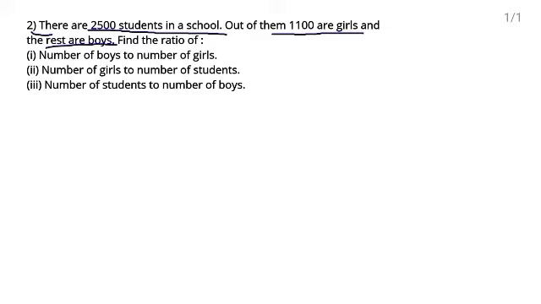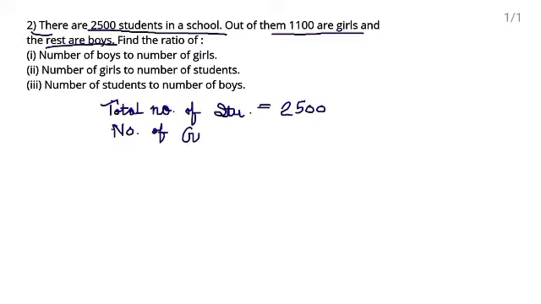So they have given the total number of students, which is 2500, then the number of girls is equal to 1100, and the rest are boys.